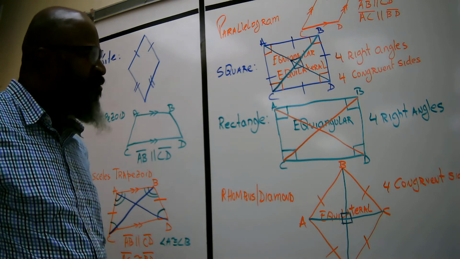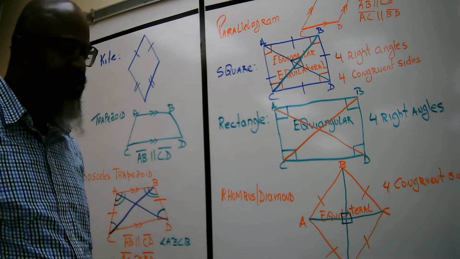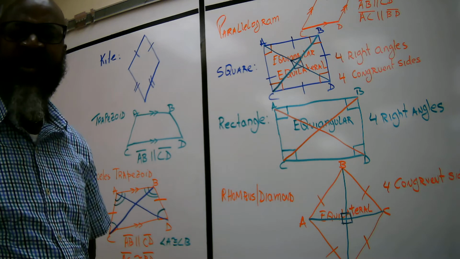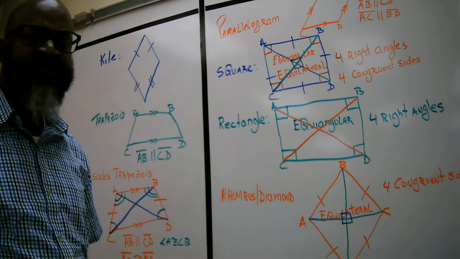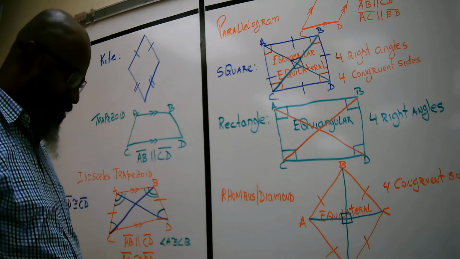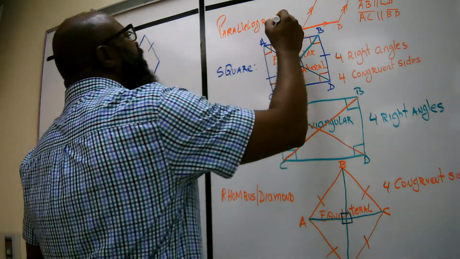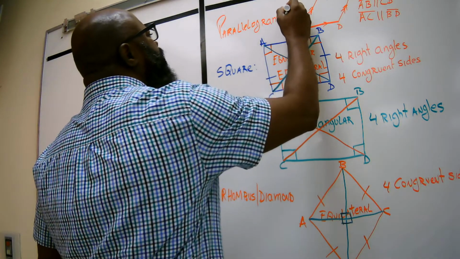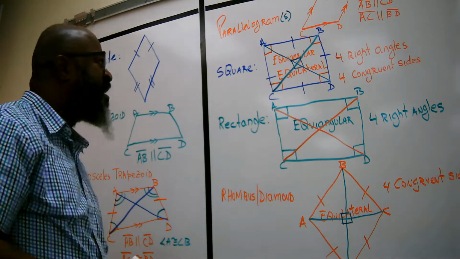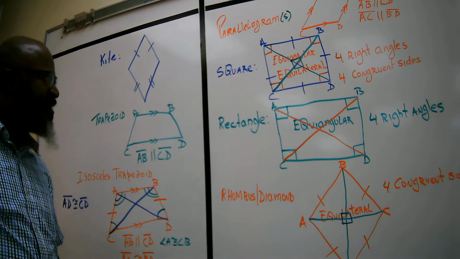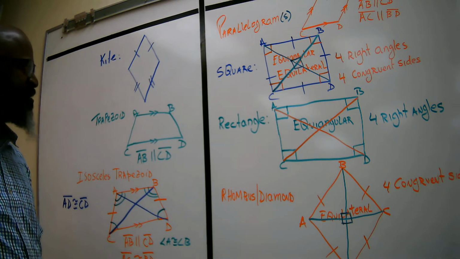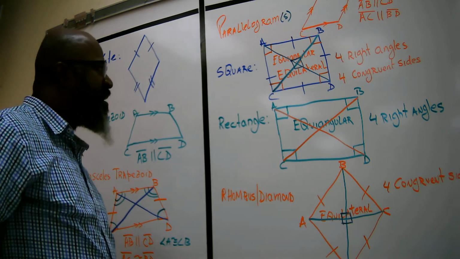Now, out of the quadrilaterals, we're going to focus on what are called parallelograms. Your parallelograms have things in common. Squares are parallelograms. In this case, both pairs of opposite sides are parallel.